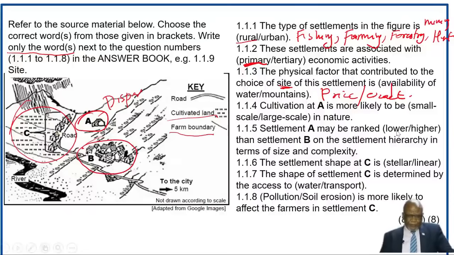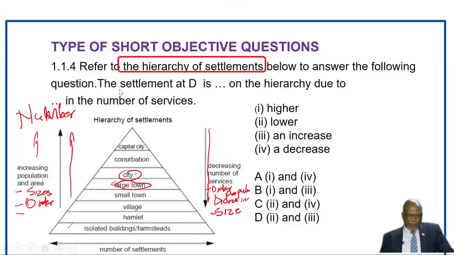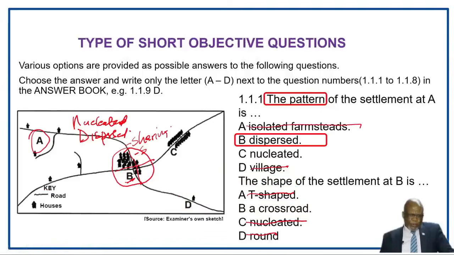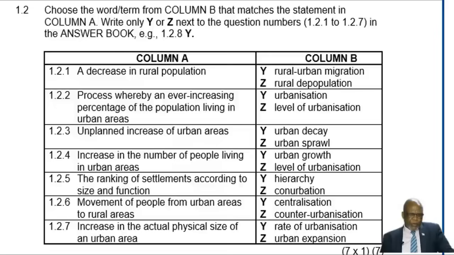Settlement A may be ranked lower or higher. This is the same question as this one, the settlement at D. So settlement at D is the same as settlement at A. It will always be ranked lower. So it's the same settlement.